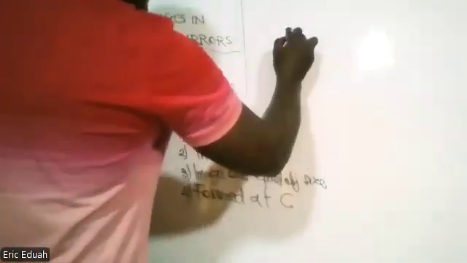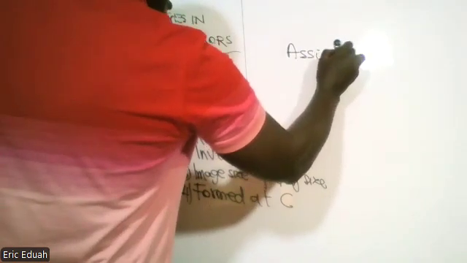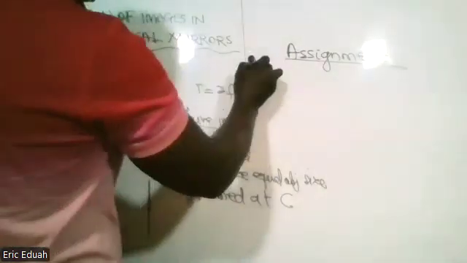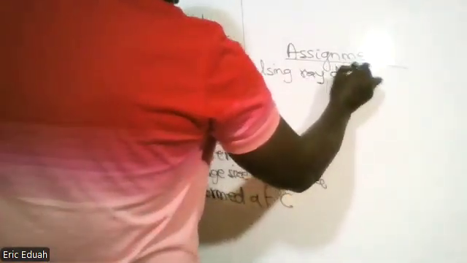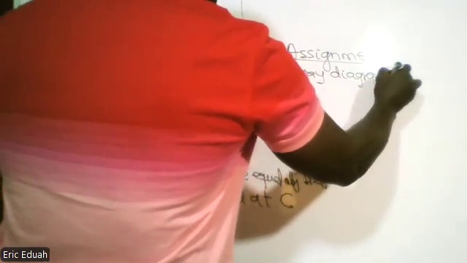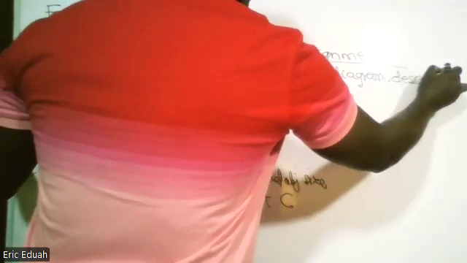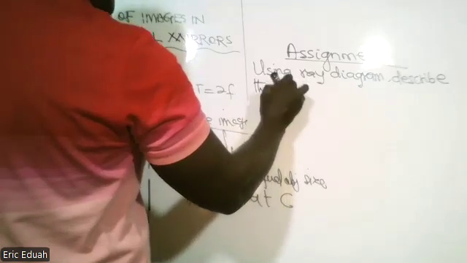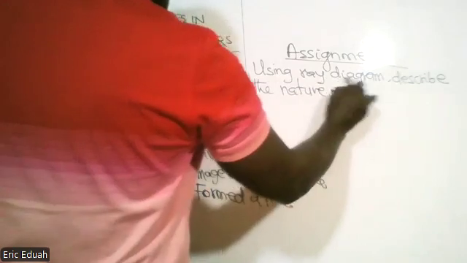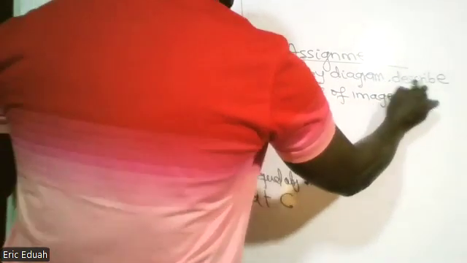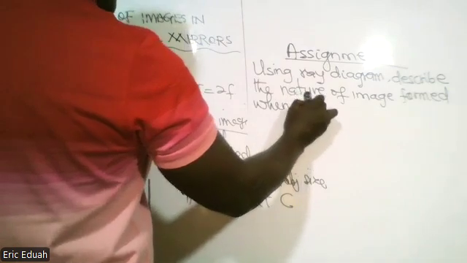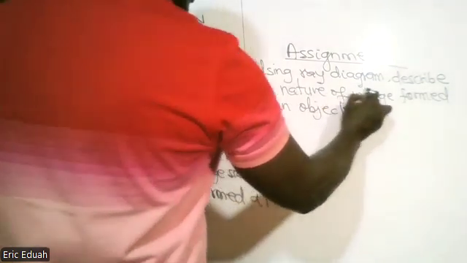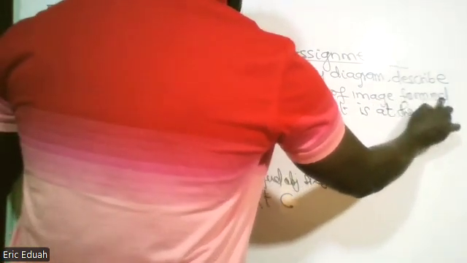So your assignment: using ray diagrams, describe the nature of the image formed when the object is at the following positions.